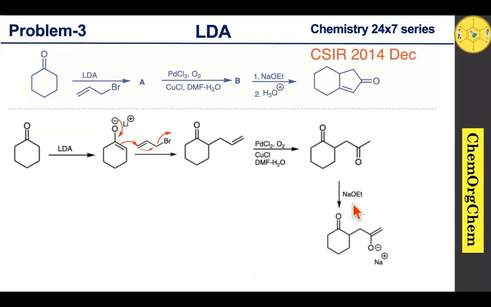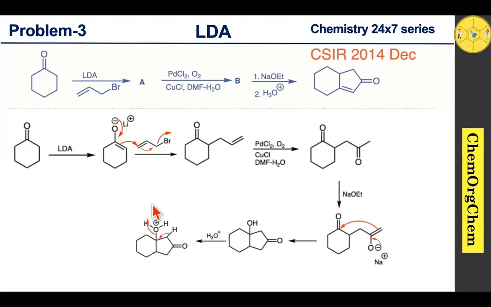Next reaction condition is sodium ethoxide. The sodium ethoxide readily takes the proton from here, which generates the corresponding enolate ion. This enolate ion quickly attacks this carbonyl carbon intramolecularly, which cyclizes to provide this corresponding intermediate. When you treat with acid, it readily converts into the corresponding product.